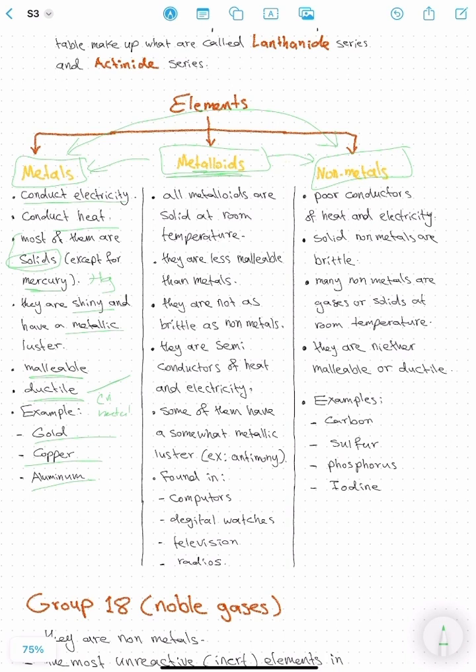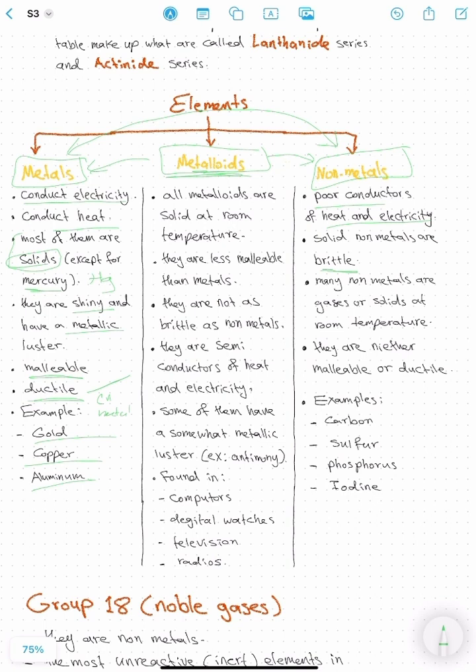Let's go to nonmetals, the exact opposite of metals. Metals conduct electricity. Nonmetals, they're poor conductors of heat and electricity. Many of them are gases, some of them are solids at room temperature. If they are solids, they are brittle, they crumble apart like powder.